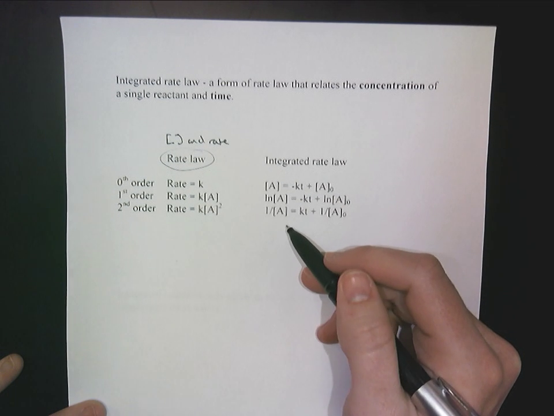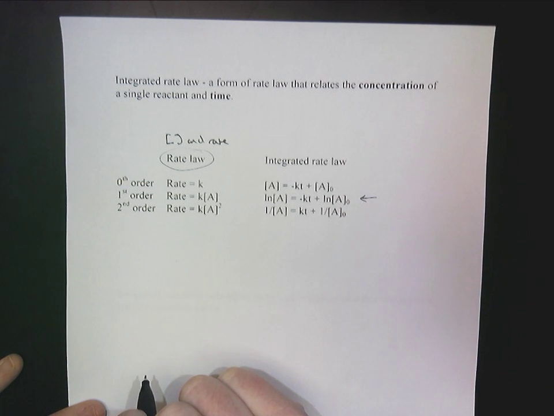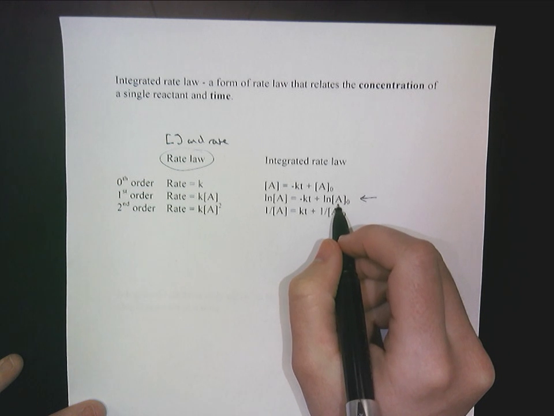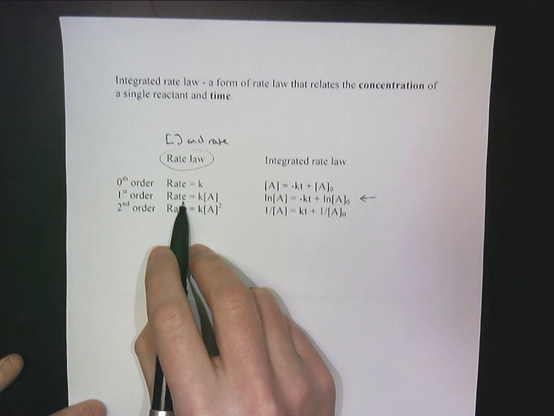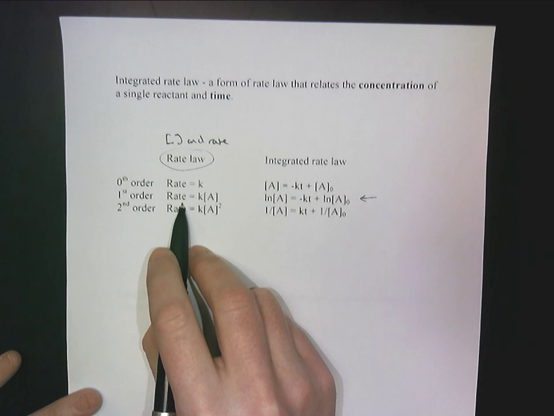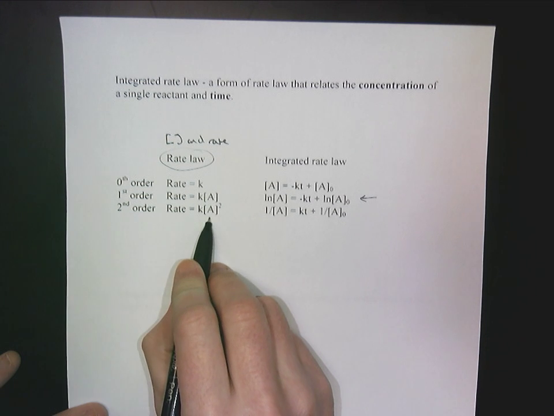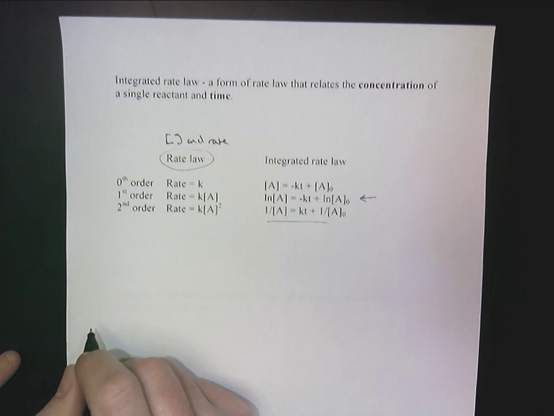So, for example, if you know that this expresses your experimental data, that means you know that the reaction is first order with respect to A, and you can write a first order differential rate law using that information. Similarly, if I know that my reaction is second order with respect to A, I can write out an integrated rate law using this relationship.